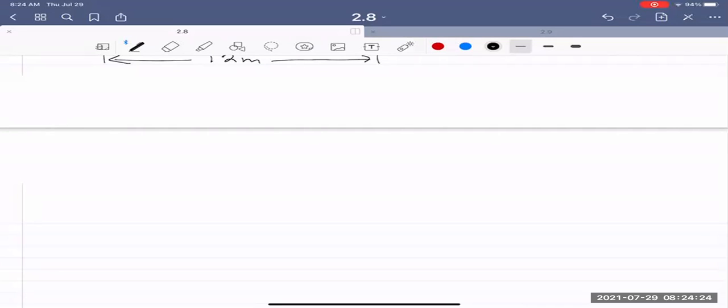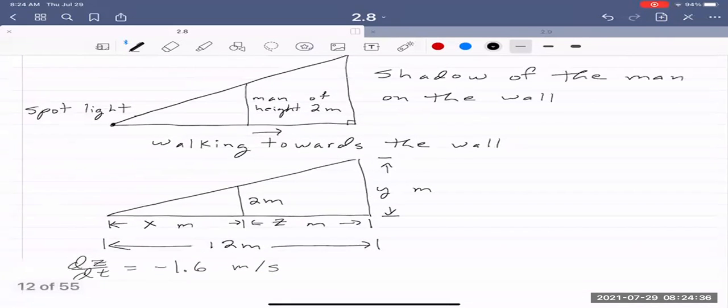Actually, I can do it 2 ways. I can also think of it this way. This is a fixed point, and you're walking towards the wall.